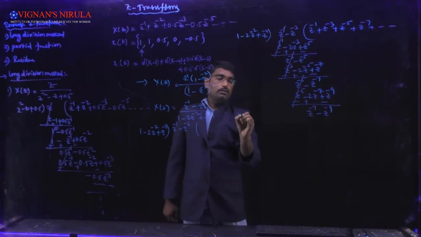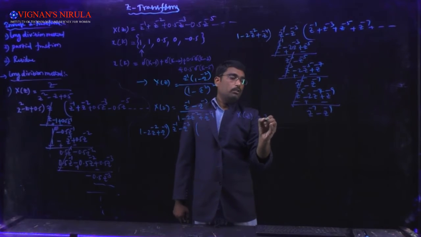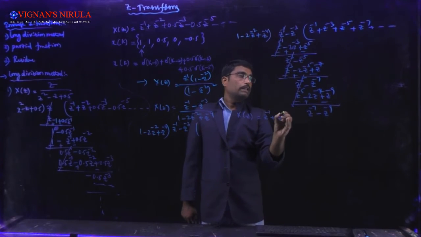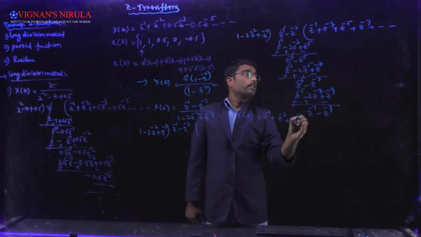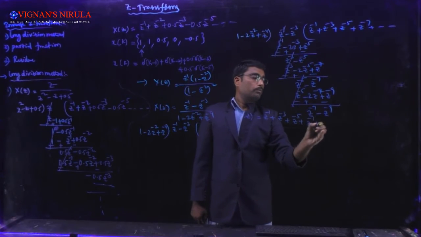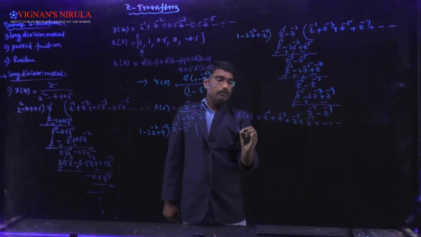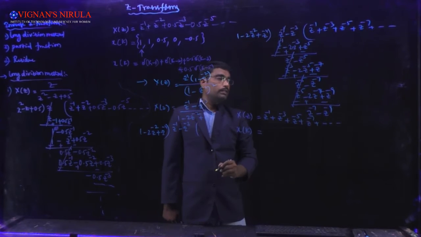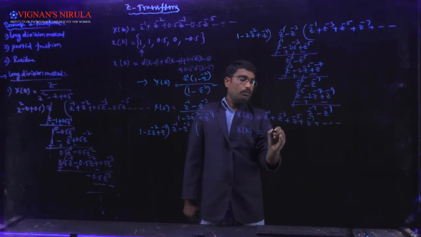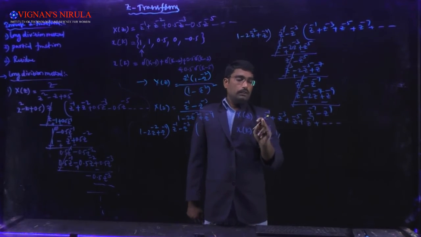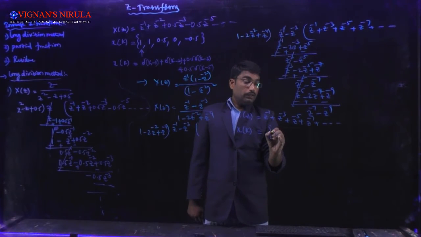So x of z, what we are getting? Z power minus 1 plus z power minus 3 plus z power minus 5 plus z power minus 7 plus so on. So from this we can obtain the inverse Z transform x of k as simply 1. This is k equals 1, first sample x of 1 into z power minus 1, and there is no zeroth sample.